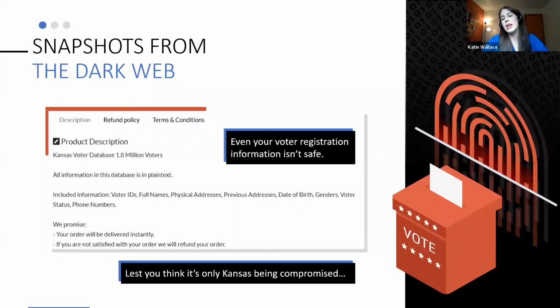Now, keeping to the theme of the dark web, I wanted to talk about something that's coming up. We have election season this year, and outside of our credit card, financial information, and customer records, voter data is just as much of a target for these cyber criminals. Unfortunately, these infrastructures are poorly secured.